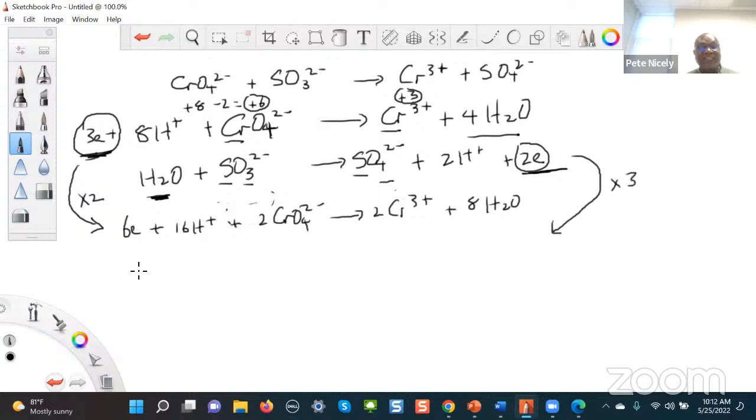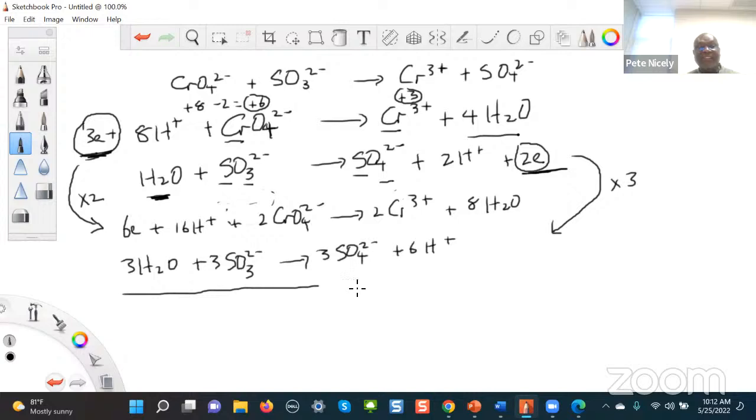And in this case, the result of that would be 3 H2O plus 3 SO3 2- to give 3 SO4 2- plus 6 H+. Oh, plus 6 electrons, can't forget that. All right, then we add these up.